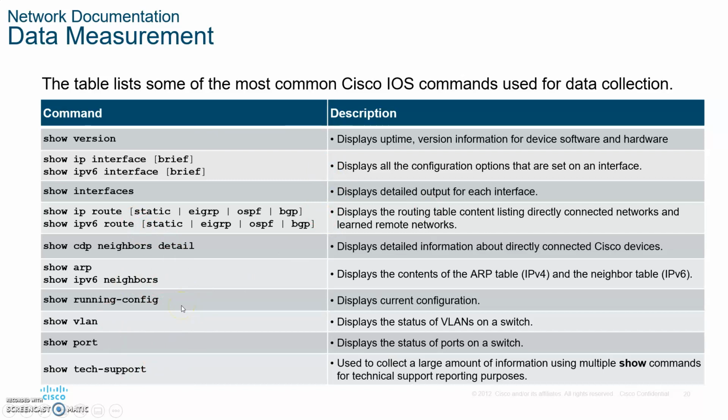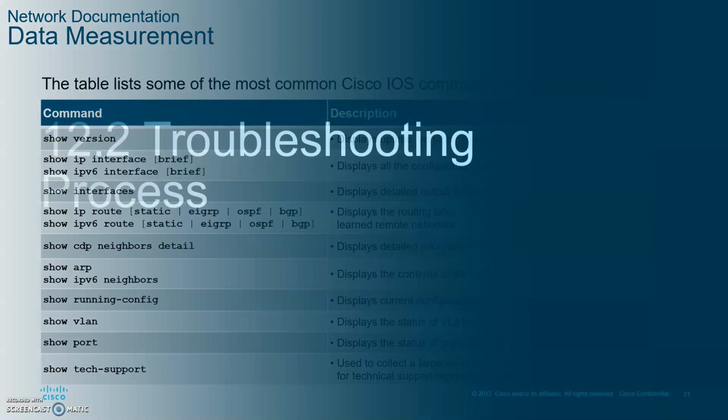It's probably a good idea to take these commands and, while you're doing your exercises, just play around with them, see what kind of data is coming, what kind of data you can get to help you diagnose a problem. If you know these commands pretty well, for any problem that you have, the more information you got, the better off you're going to be.